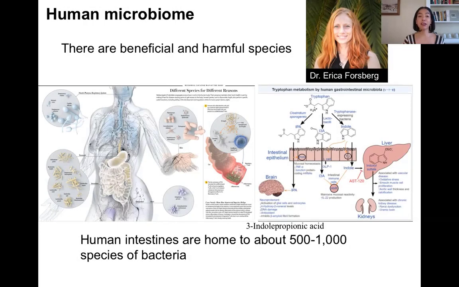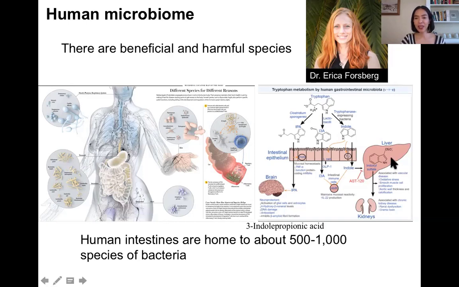Bacteria can be beneficial and harmful. So it's very important to recognize we have different types of bacteria, and actually a lot of them are beneficial. It will depend on our diet and our practices, like if we exercise, the type of bacteria that we can develop in our body.